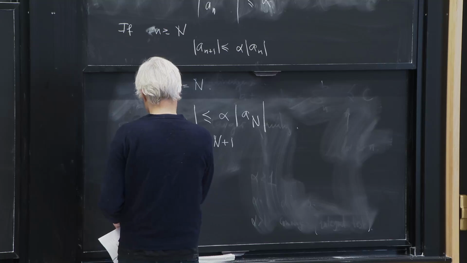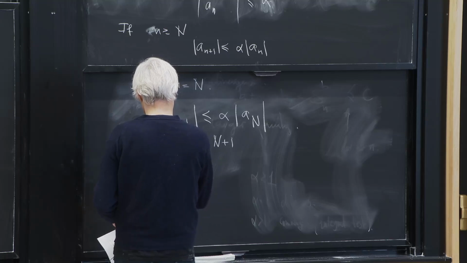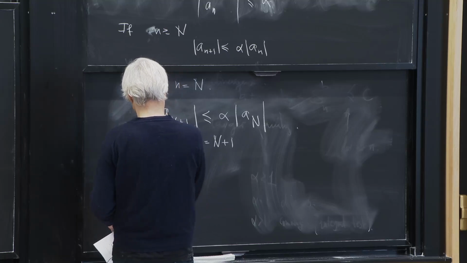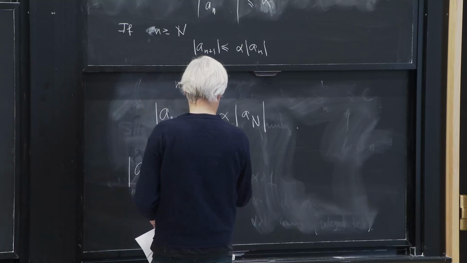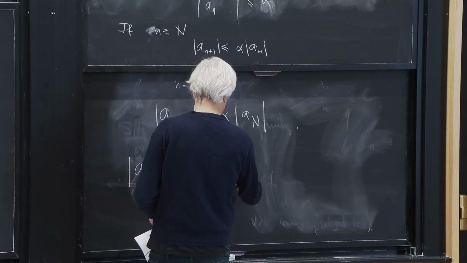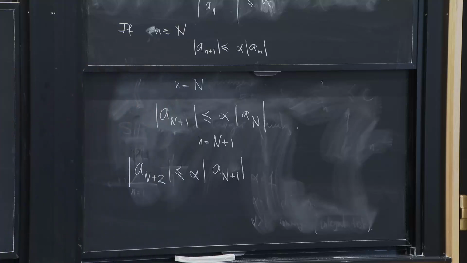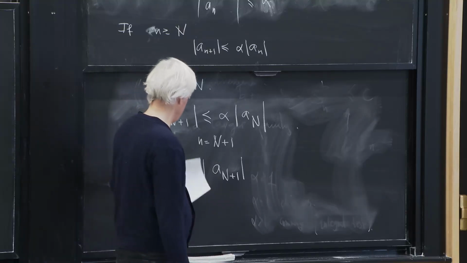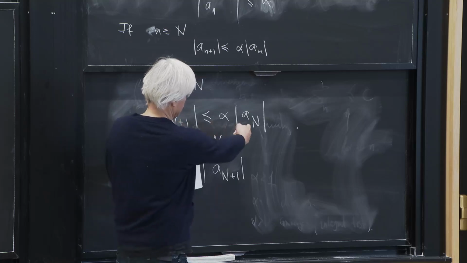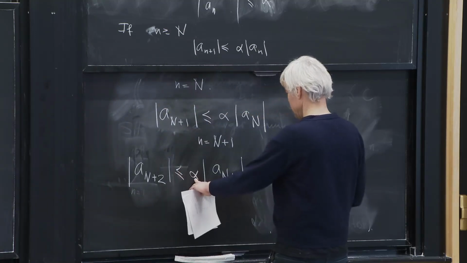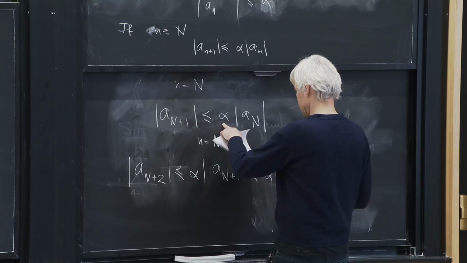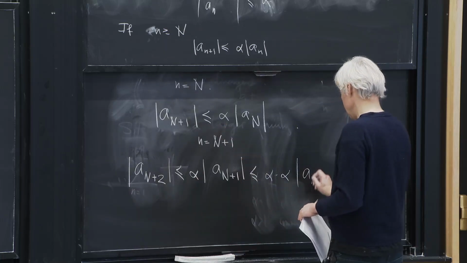Then you have that a capital N plus 2 in absolute value is less or equal to alpha times a capital N plus 1. But you've already proven this inequality, so filling in that inequality, I have this alpha here, and then another alpha.